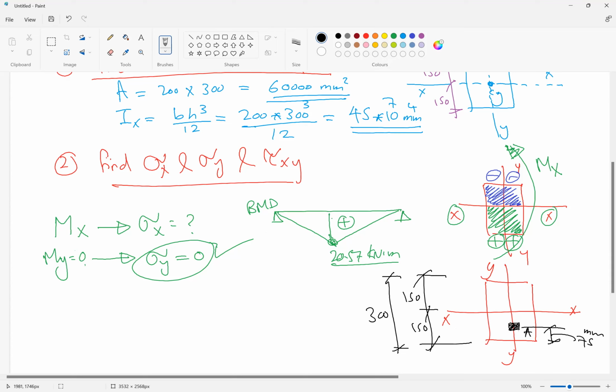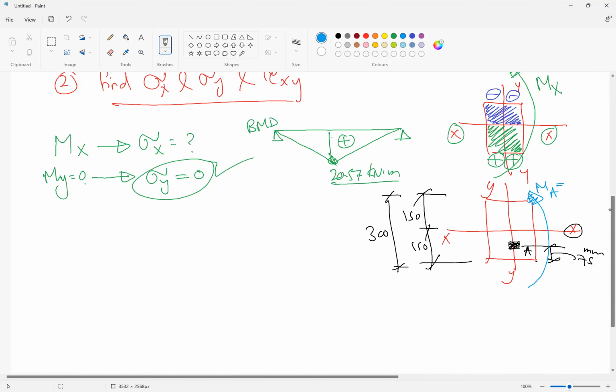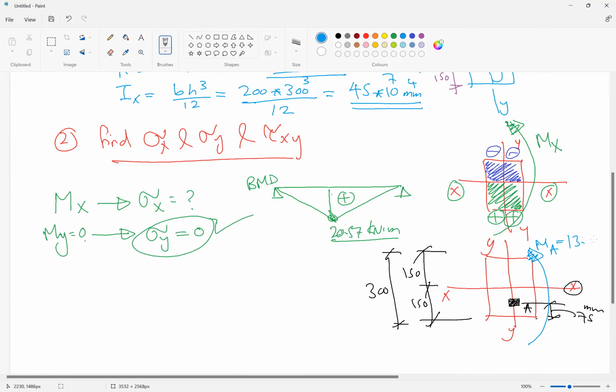So point A is somewhere in the middle between the x-axis and the bottom fibers. The moment at A, if we go back up, is 13.71 kilonewton meter.